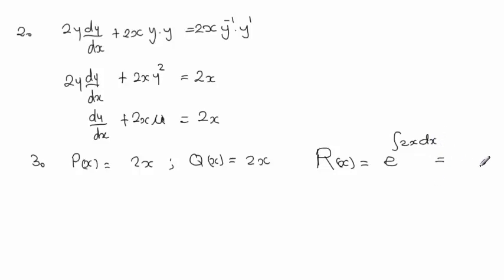Integrating this, we get here e to the power x squared. I hope I'm not too fast there. I'm expecting you to be very fluent in this kind of integration.